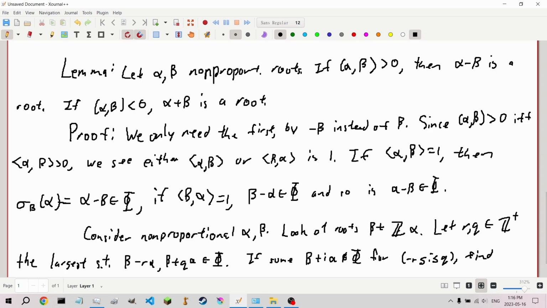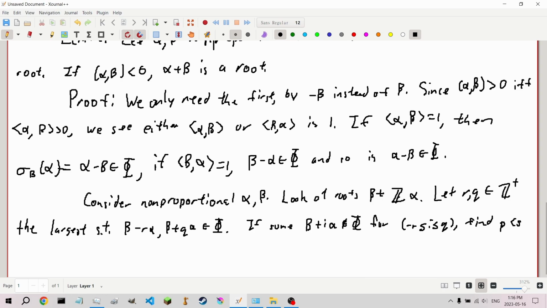find p less than s in this interval such that beta plus p alpha is a root, and the next one, beta plus p plus 1 alpha, is not a root.